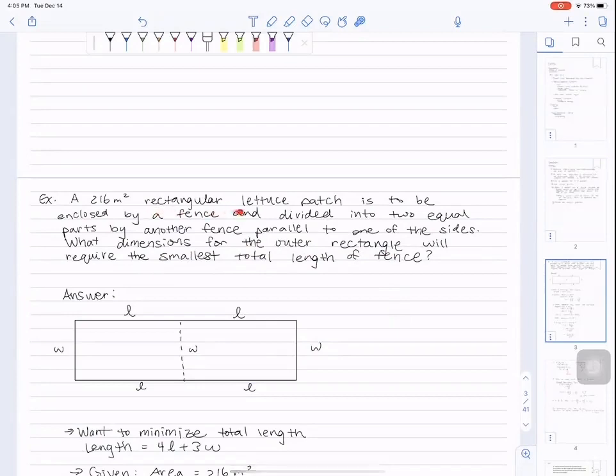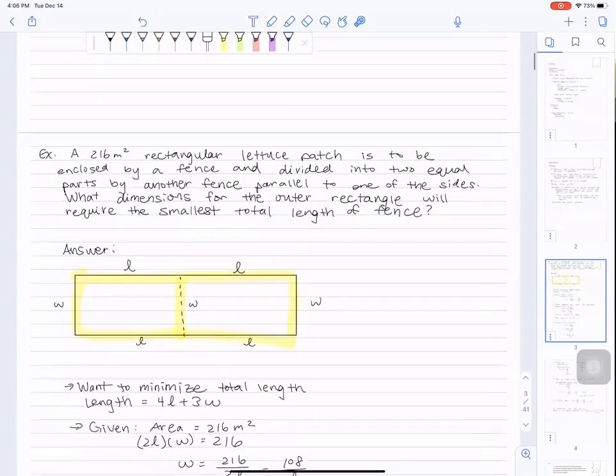So they're saying that this is some large lettuce patch and they're going to divide it into 2 equal parts, which is this dotted line. The fence is all of this outline and the part that we're dividing. So the highlighted part is the fence. And they're asking what dimension of the rectangle will require the least amount of highlighted parts.